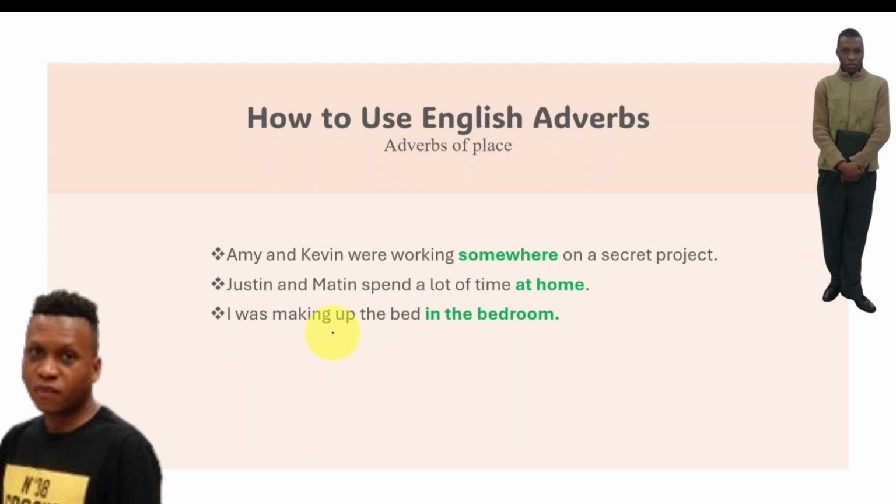I was making up the bed in the bedroom. One more time: Amy and Kevin were working somewhere on a secret project. Justin and Martin spent a lot of time at home. I was making up the bed in the bedroom.